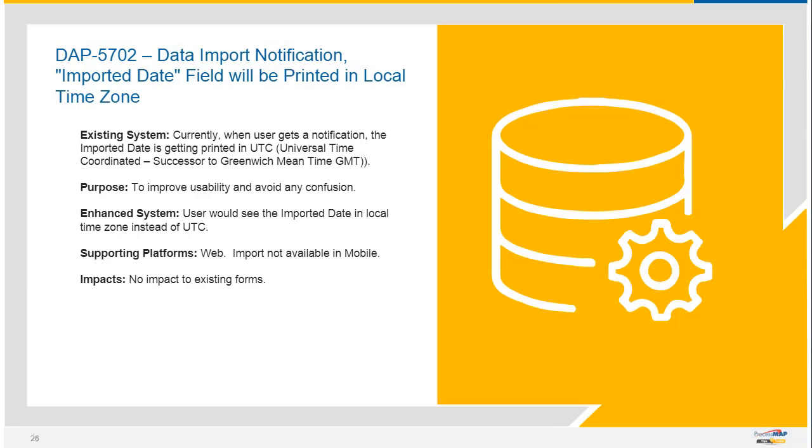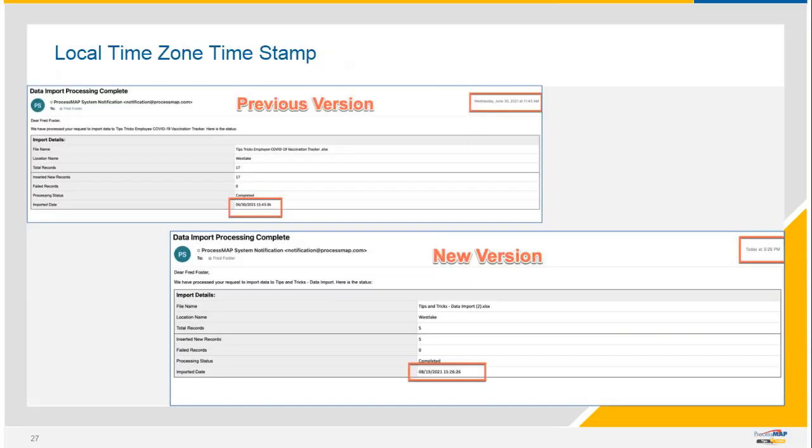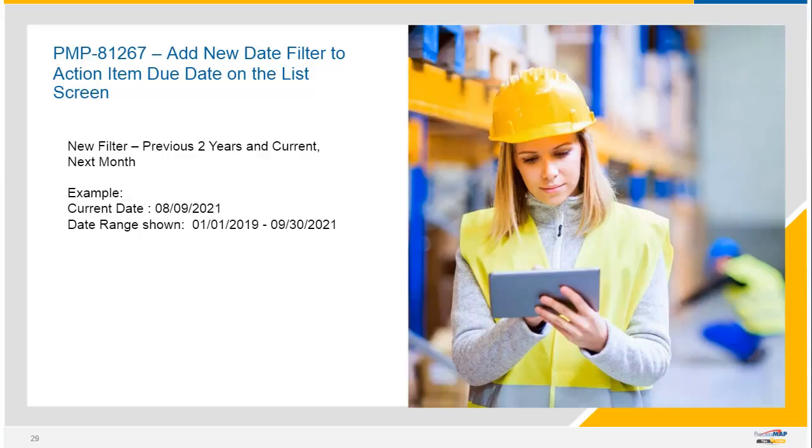And that was causing a lot of confusion among folks. So we've made a change on that. Now, when you get your notification that the import is done, the timestamp on the notification will be your local time, and it will match the time that the email notification was sent. And you can see here the differences between the old version and the new version. So those are a couple items that are coming in App Builder.